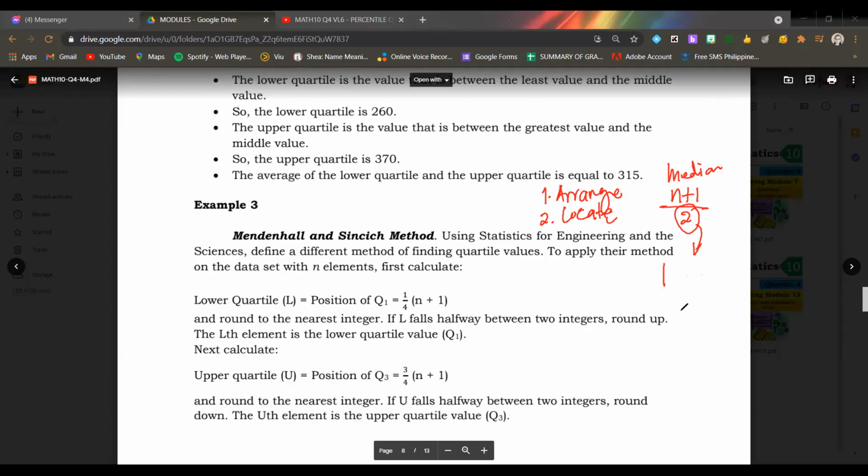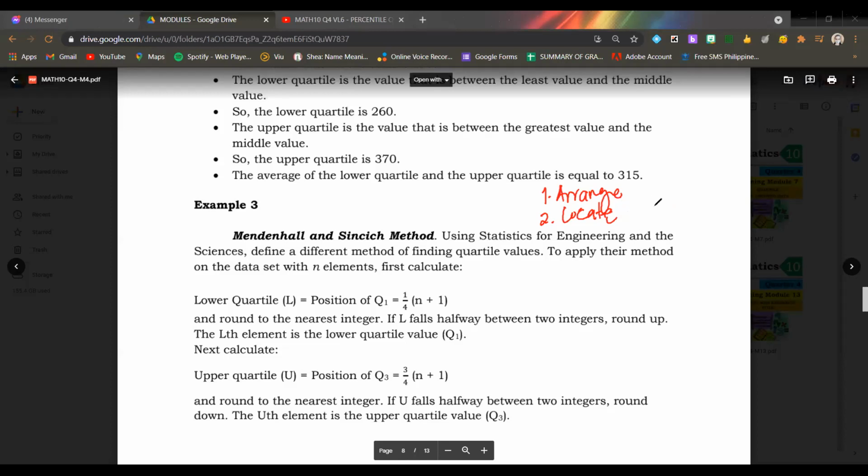Okay? At of course, kung dinivide mo siya sa 4 parts, meron kang 1/4, meron kang 1/2, meron kang 3/4, and meron kang 4/4. And usually, hindi natin sinasolve yung 4/4, okay? 1/4, 1/2, and then 3/4 yung kadalasan. Okay?